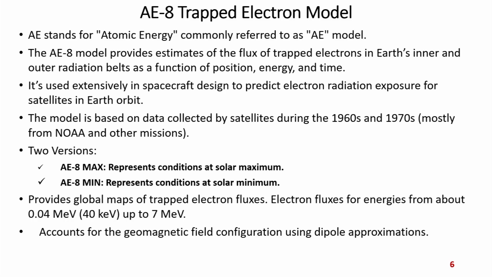It accounts for the geomagnetic field configuration using dipole approximations, meaning Earth's magnetic field is considered as a magnetic dipole. It is widely used to estimate the radiation dose from the trapped radiation belt for planning the shielding.